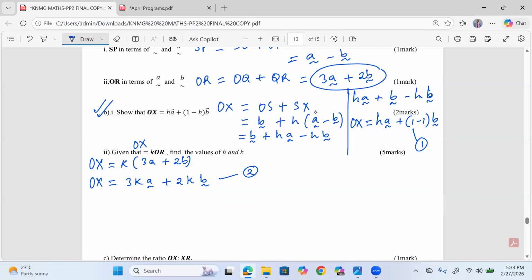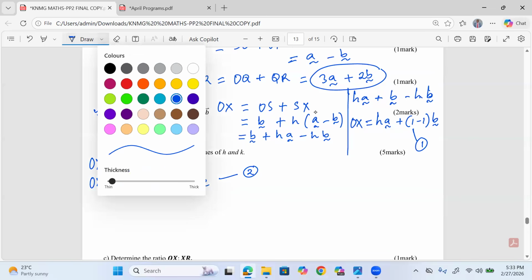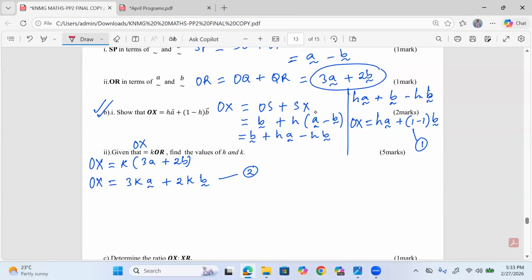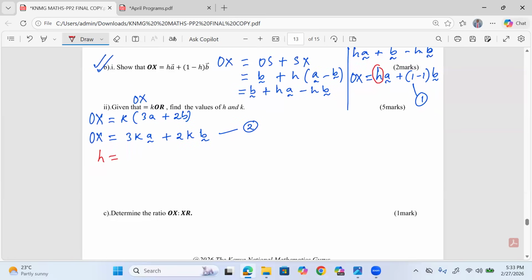So the coefficients of A, let me begin with the coefficients of A. In the first equation, we have H equals the coefficient of A in the second, which is 3K. That is equation 1.